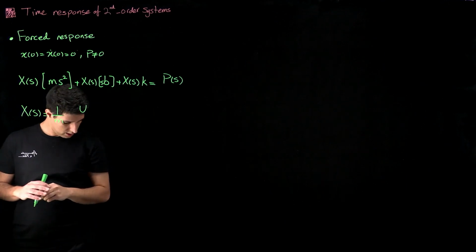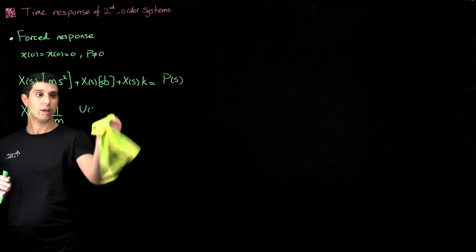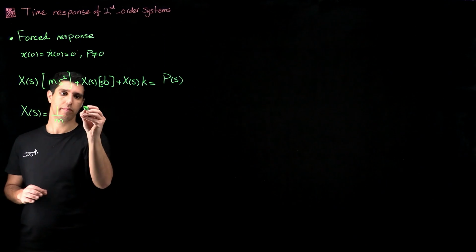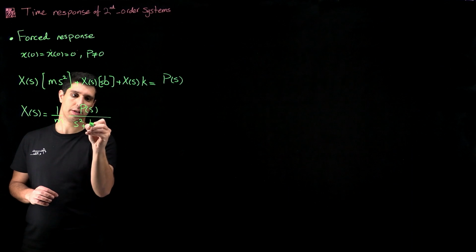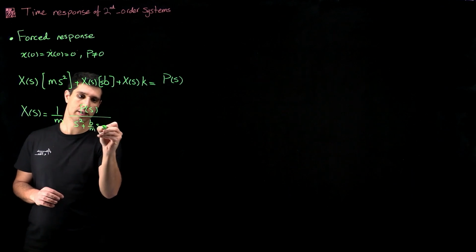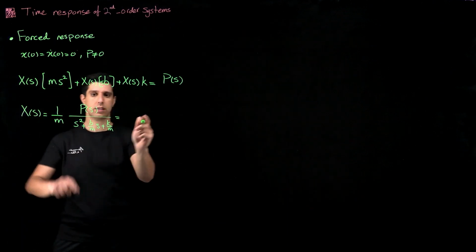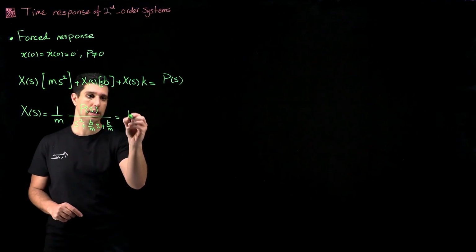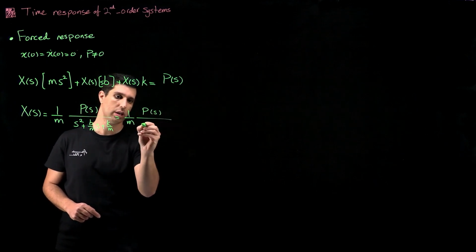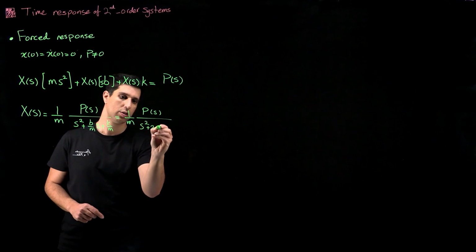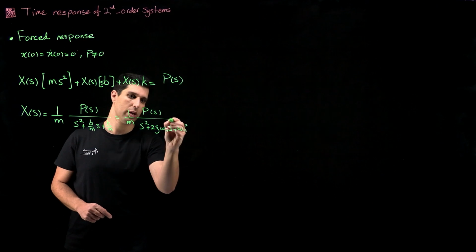Let me write it this way, u of s, not p of s, over s squared plus b over m s plus k over m. And if you remember, we just rewrote this in terms of z and omega n, so it's 1 over m, p of s over s squared plus 2z omega n s plus omega n squared.